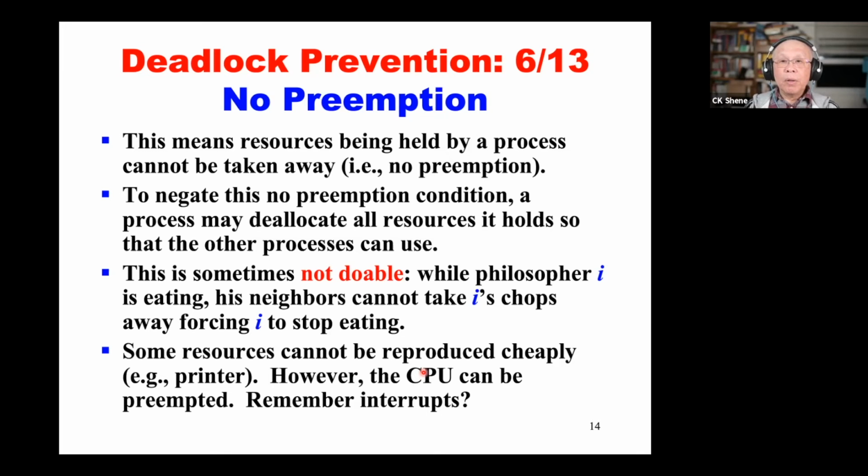Remember, even though your process has the CPU and runs, when an interrupt occurs, the system could take the CPU away from your process and then give the CPU back to you sometime later so that you could resume your execution. So remember this: some system resources cannot be preempted easily, but some can be.